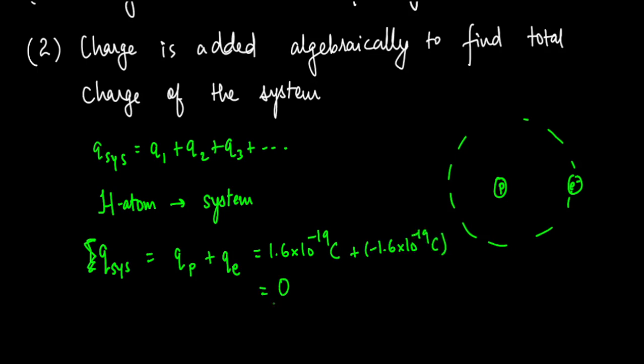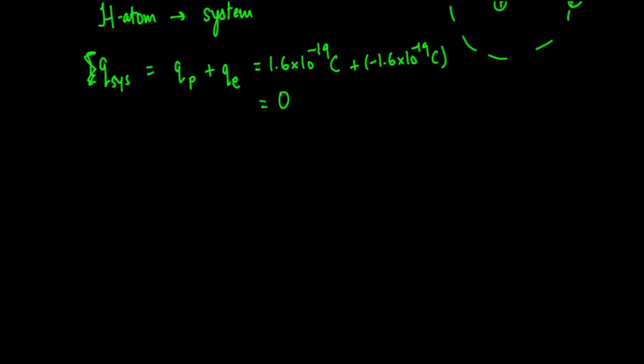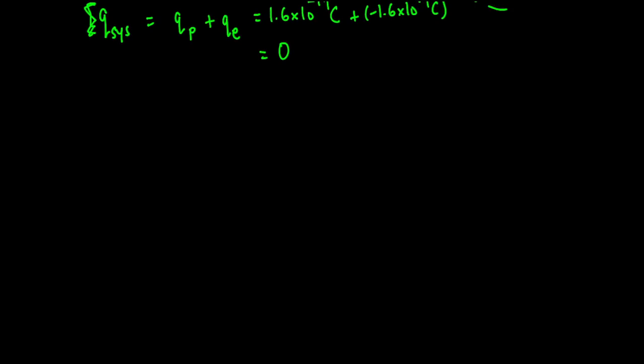So total charge of this system will be 0. This is how you can add the charges for finding the total charge of the system.